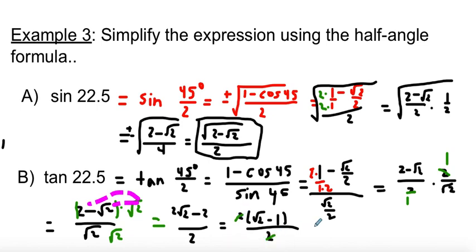Those cross out. And so really what I end up there with is just the square root of 2 minus 1. And this one here, I didn't have to worry about that plus or minus.